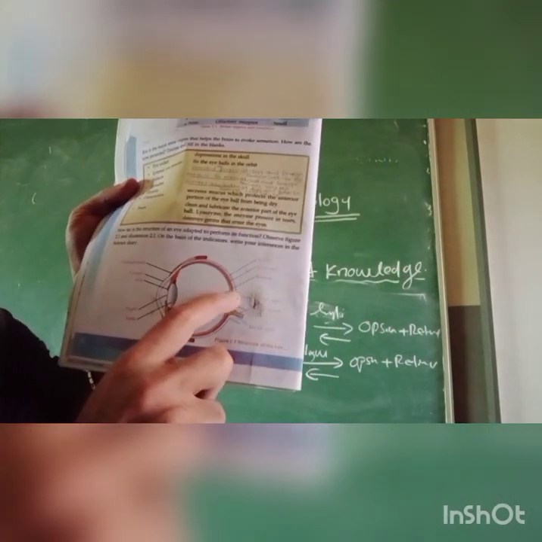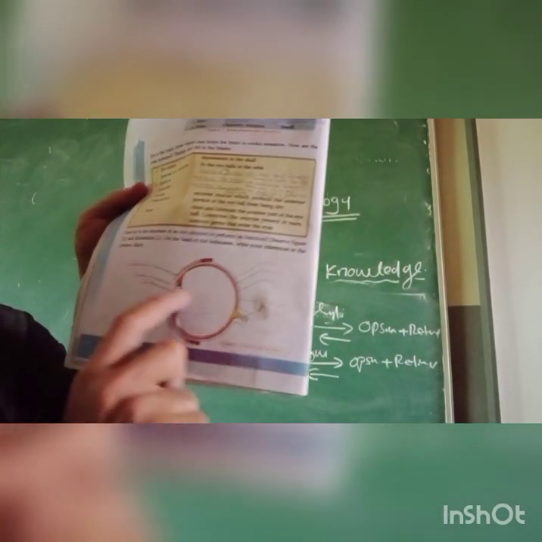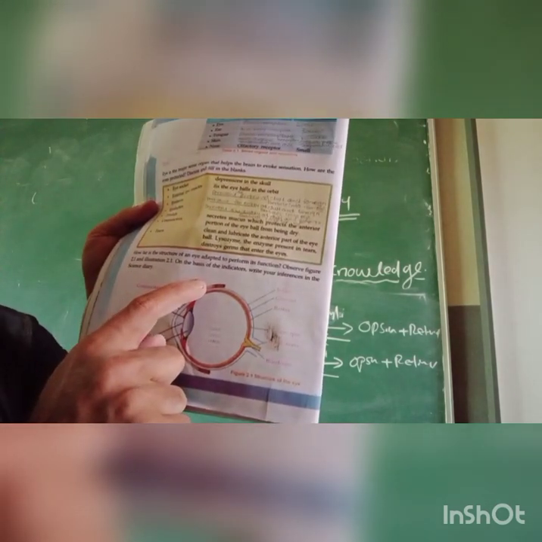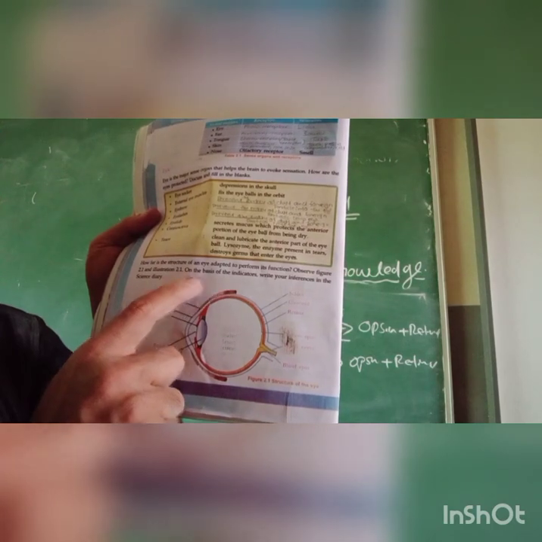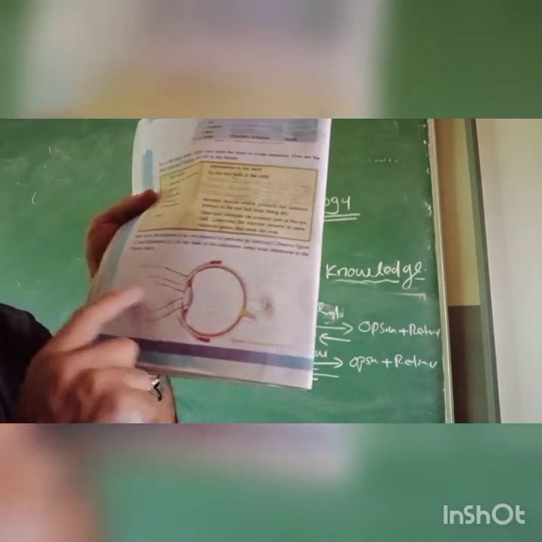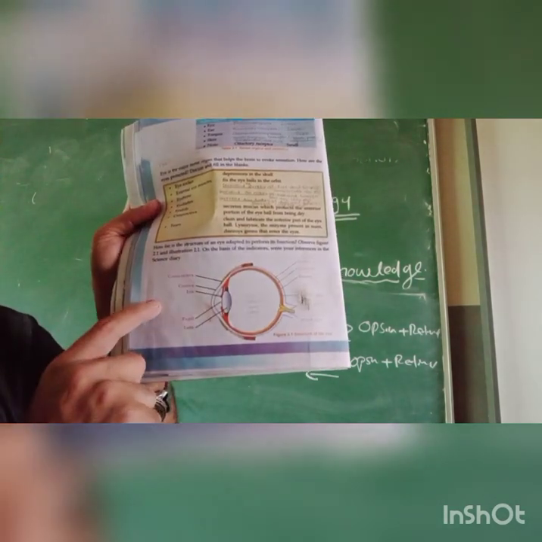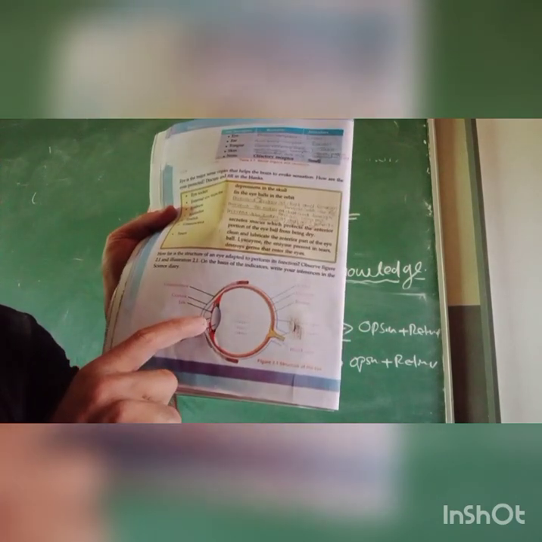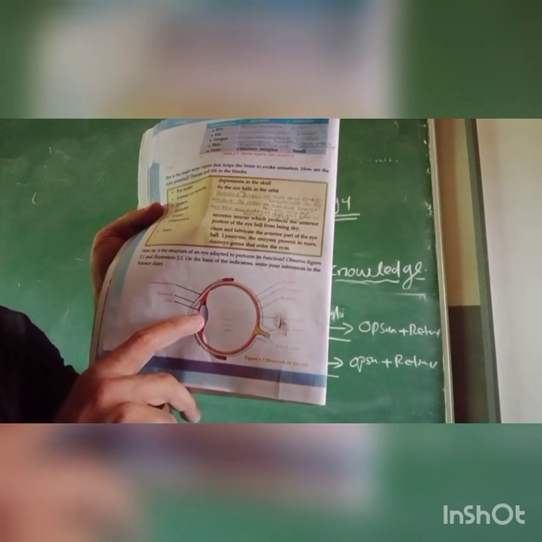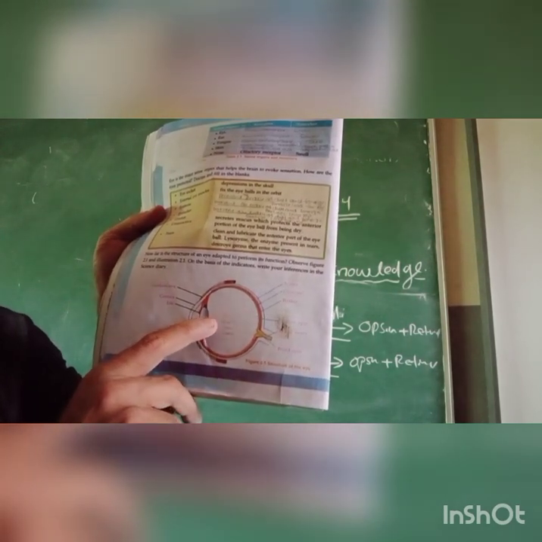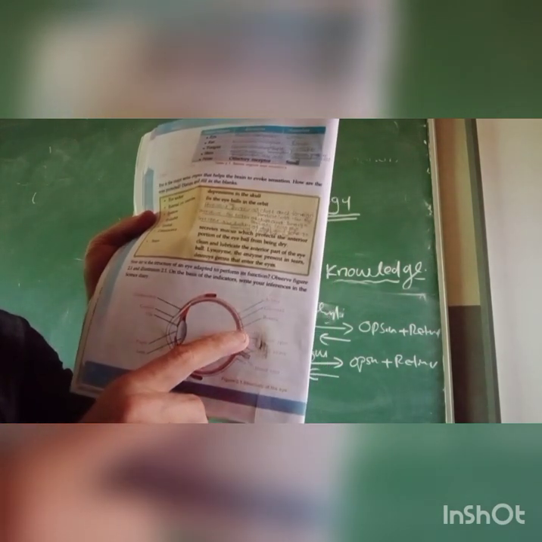Write only the part where the light travels. Don't write sclera. Why? Sclera is covered by muscles. It is opaque, not transparent. Where it is transparent, that you have to write. Light falls into cornea, aqueous humor, pupil, lens, vitreous humor, then retina.